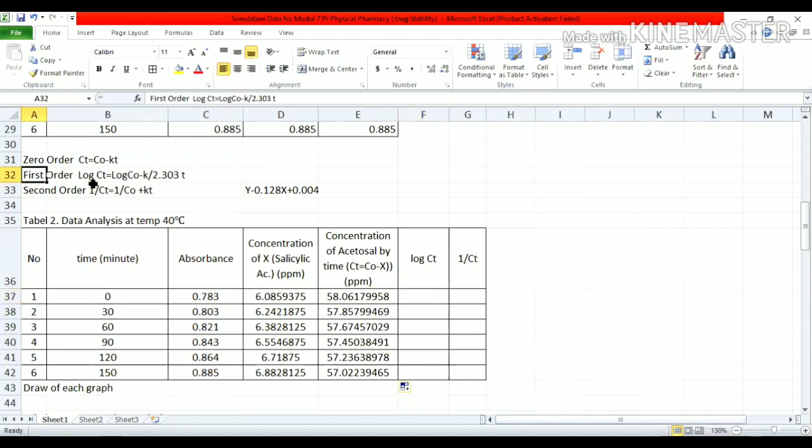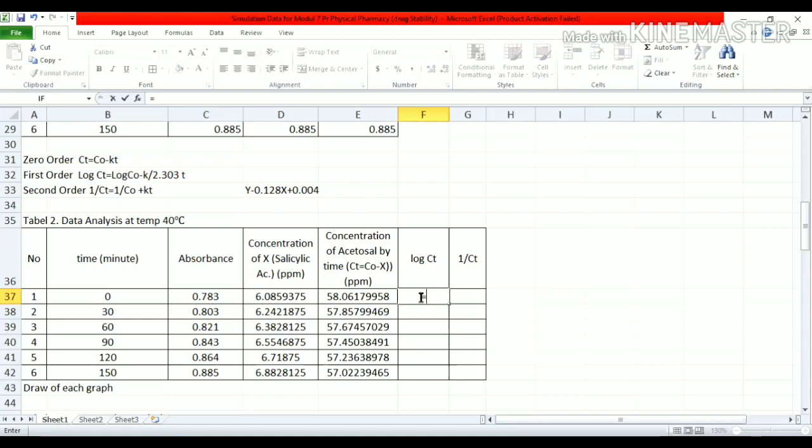So we have to analyze the data, the log 10 base of the concentration of acetosol by the time. So we get the log data, the log of the concentration, and we copy to the following cells.